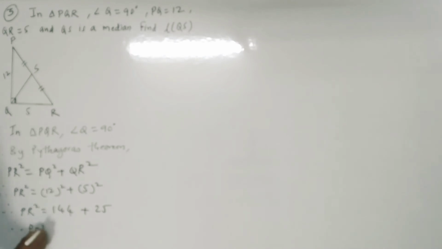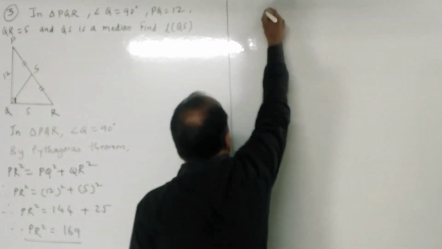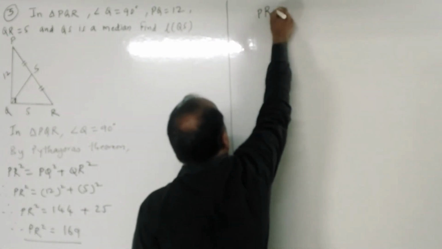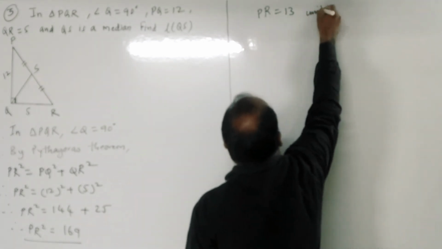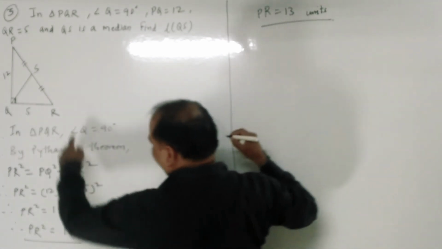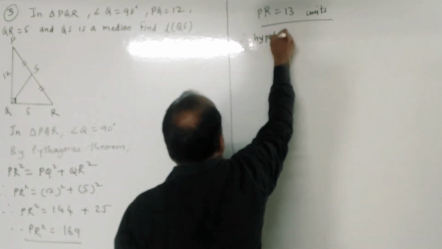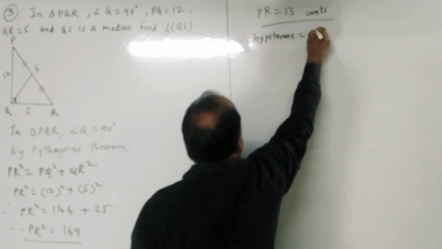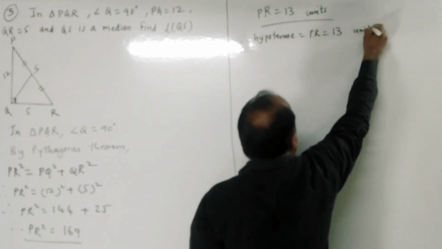Therefore, PR square is equal to 169. Taking square root of both sides, PR is equal to 13 units. So hypotenuse PR is equal to 13 units.